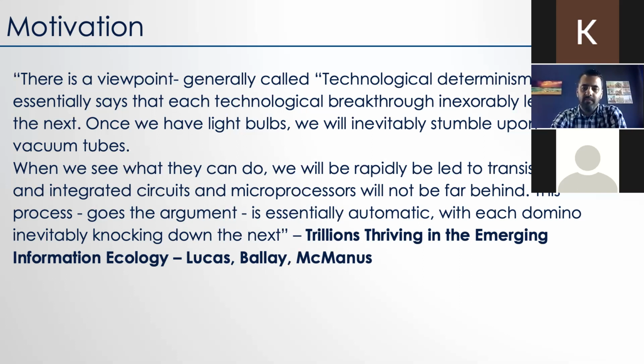For example, we don't know which light bulb will be successful, whether it's model A, B, or C, but you know that as soon as one of them is successful, a whole number of industries will emerge. It's interesting to think that even from a security point of view, we can say that once X happens and X becomes a commodity, a whole bunch of other things will emerge, right? Yeah, pretty much, exactly. You're totally right.